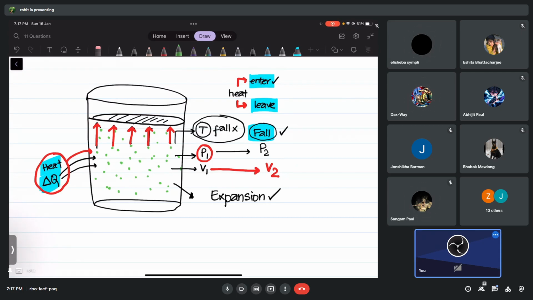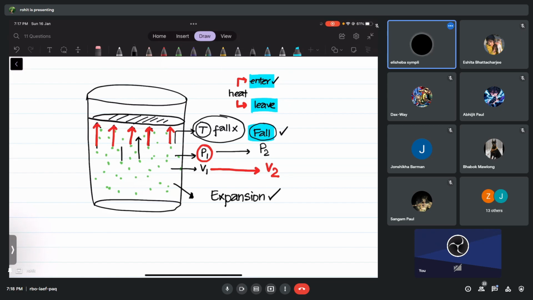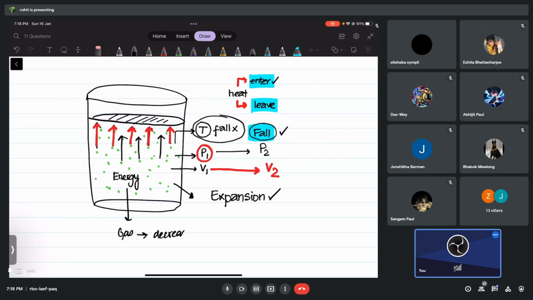Why? Because if there was no heat coming into the system, and the gas is pushing the piston, now you tell me, will the energy of this gas remain the same or will the energy of this gas decrease? The energy of the gas has to decrease.